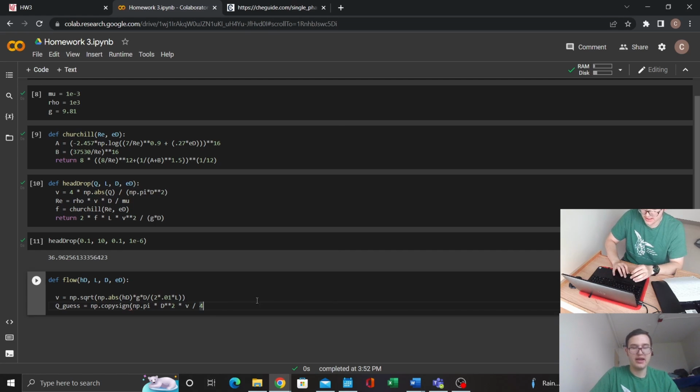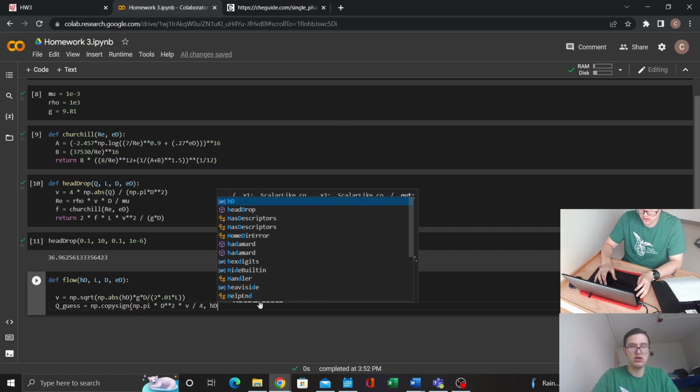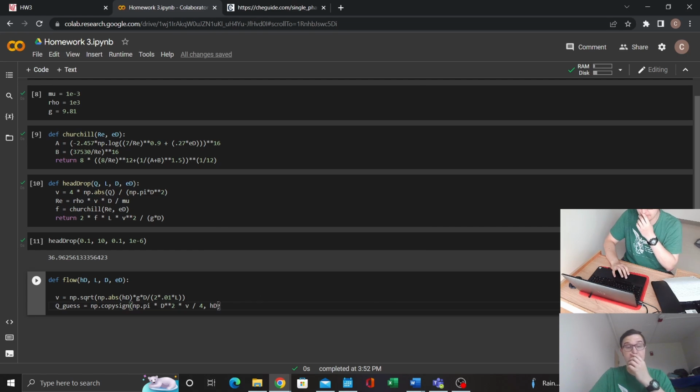We're just going to take this, and given our head drop value here, what this will do is it will take the value of this equation, and then give it the sign of the head drop, so that Q guess always has the sign of the head drop given here.